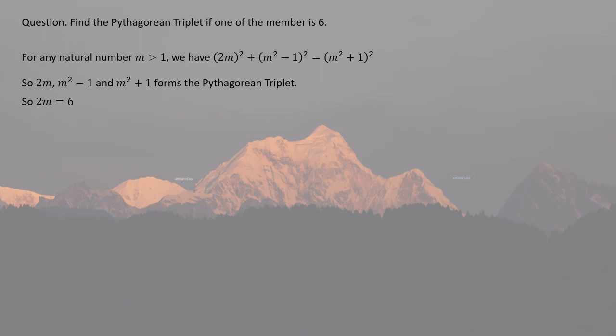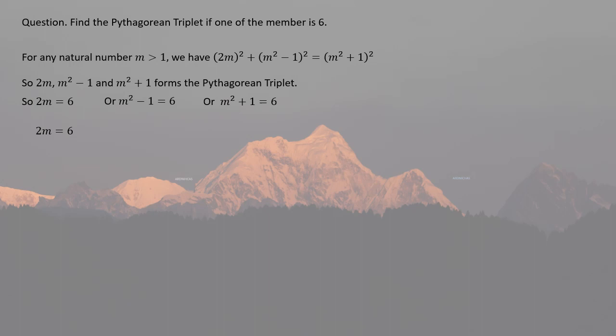Or furthermore, we can say 2m may be equal to 6, or m square minus 1 may be equal to 6, or m square plus 1 may be equal to 6, meaning the number that is given to us in the question should be equated with all these values, and we should find out the value of m from these equations. Let me consider 2m is equals to 6.